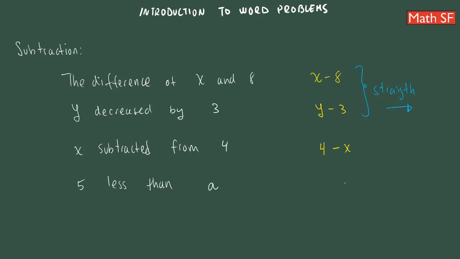So in these particular statements, this is backward. So you're going to be doing the other way around. So x subtracted from 4 is 4 minus x, and 5 less than a will be a minus 5.